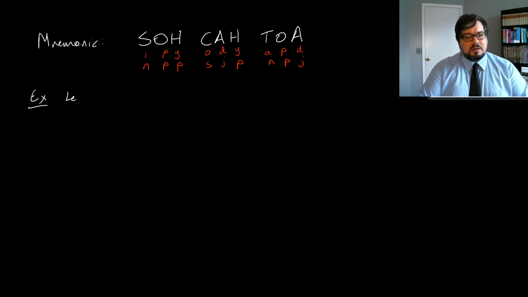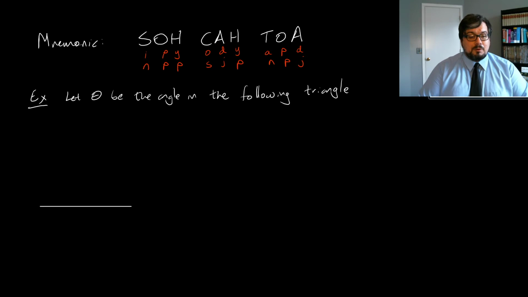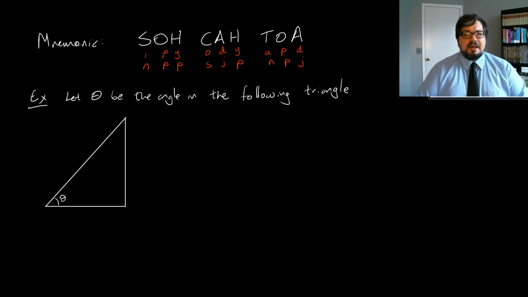So let's take an example. So let's let theta be the angle in the following triangle. Now I'm going to specify, of course, which angle is referred to by theta because there are a couple of them. So let's make theta this angle down here. And let's suppose that we know that this side has length 2, and let's say we know that the hypotenuse has length 5.